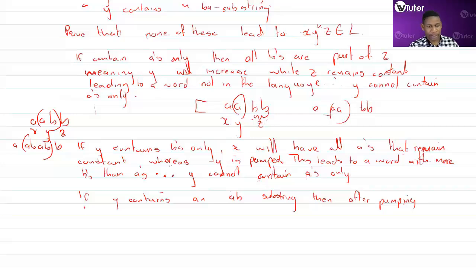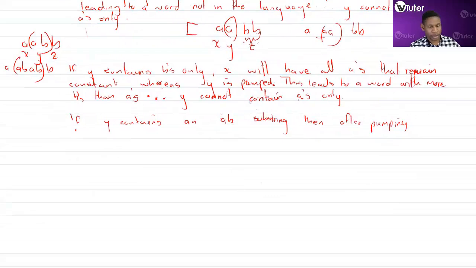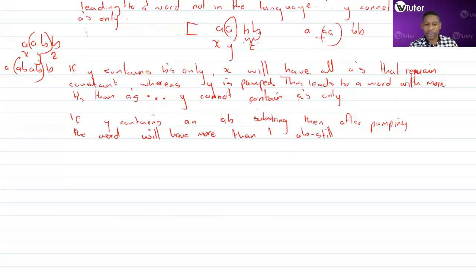So let's fix this. The word will have more than one AB substring, leading to a word not in the language.